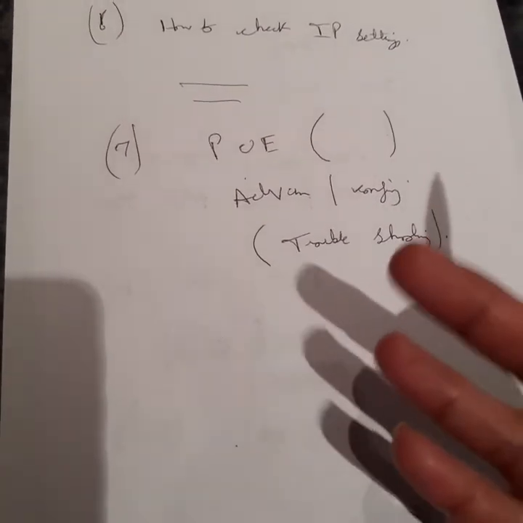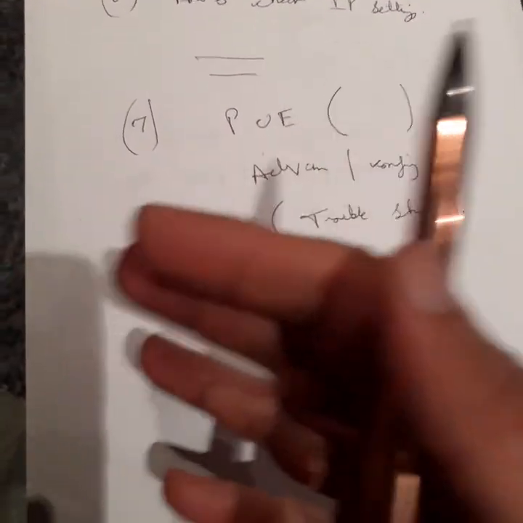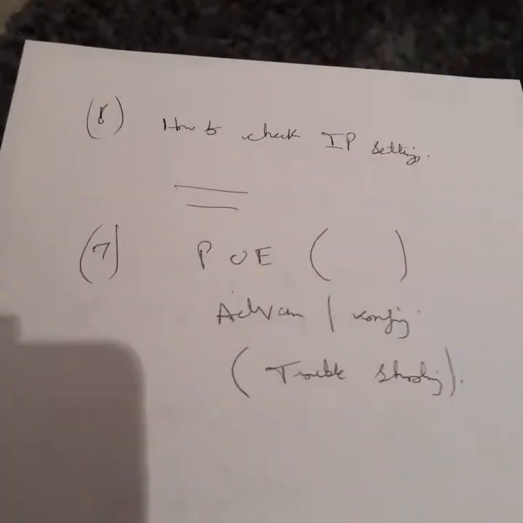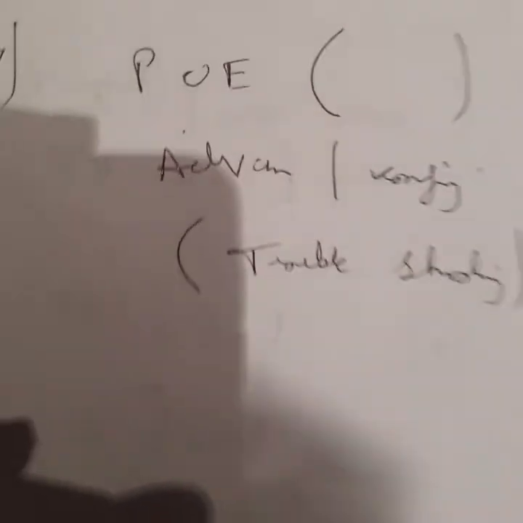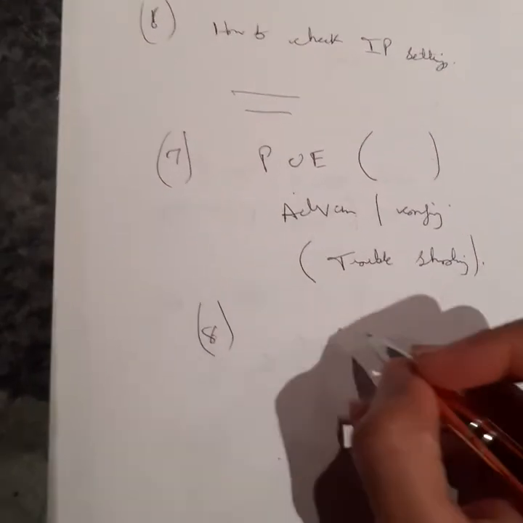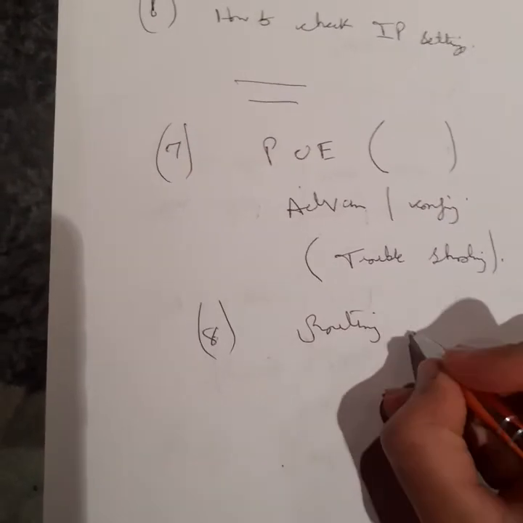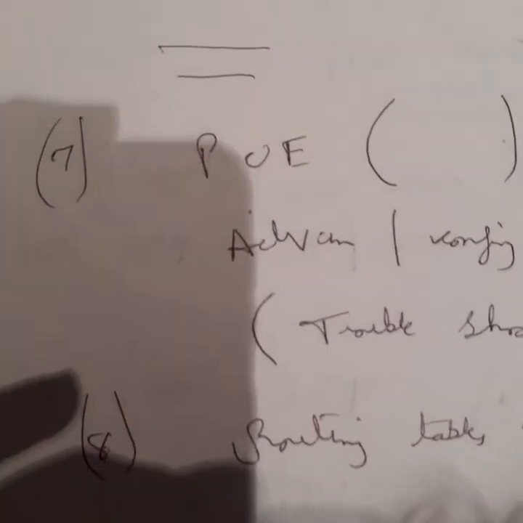IPv4 subnetting in itself is a long journey, but if you can learn other topics as well, that'll be very beneficial, right? So when we say power over Ethernet, let's go to the next one. Ladies and gentlemen, I say that a lot, right? Routing tables, very, very, very important.